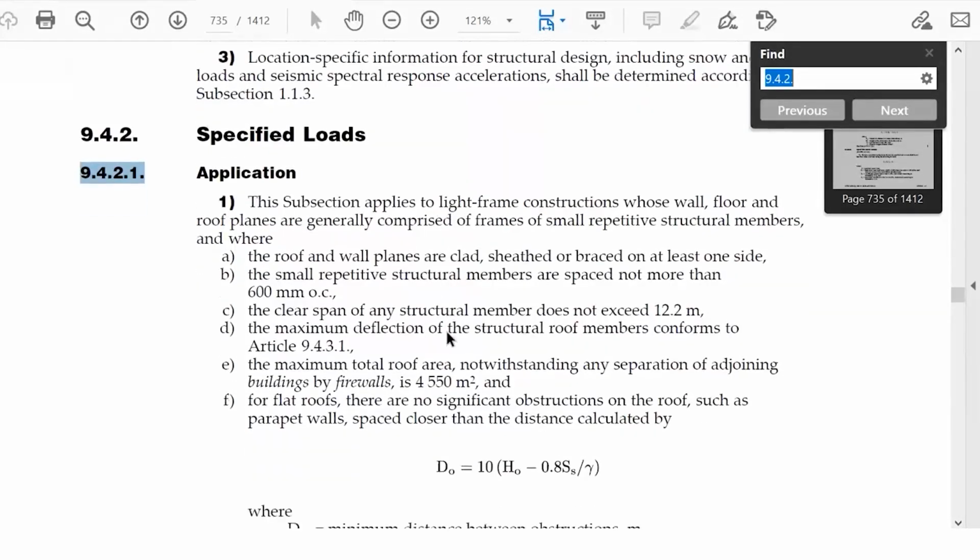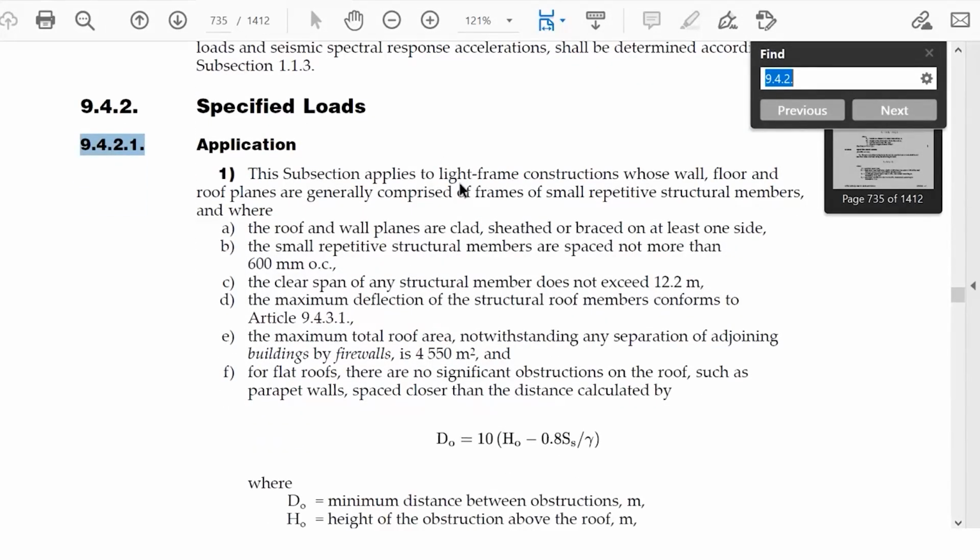So specified loads in general. This subsection applies to light frame constructions whose walls, floors, and roof planes are generally comprised of frames and of small repetitive structural members, and where the roof and wall planes are clad, sheathed, or braced on at least one side.